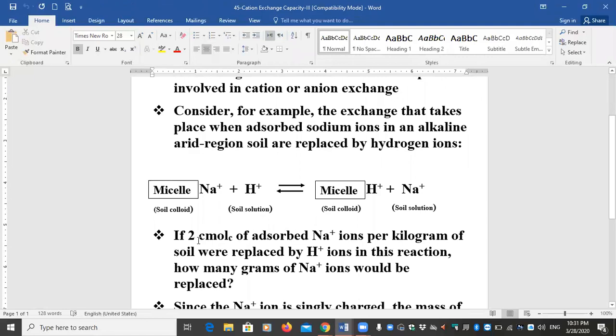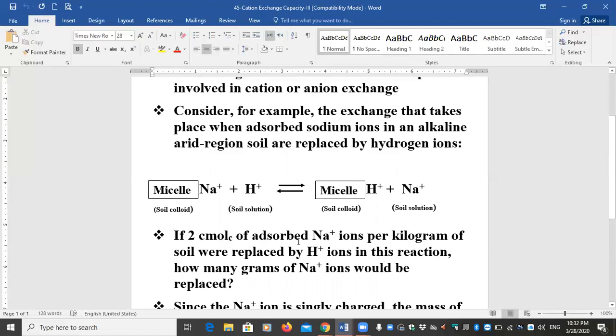If 2 centimole of charge of adsorbed sodium, remember, we're saying 2 centimole of charge of adsorbed sodium. We didn't say 2 centimole of sodium. That means we have 2 centimole of charge. The source of them is sodium.